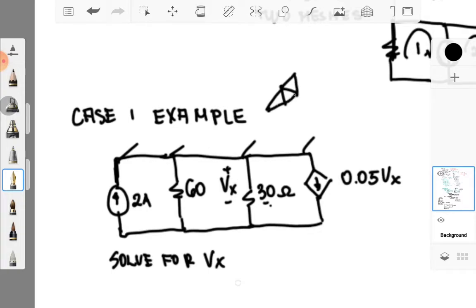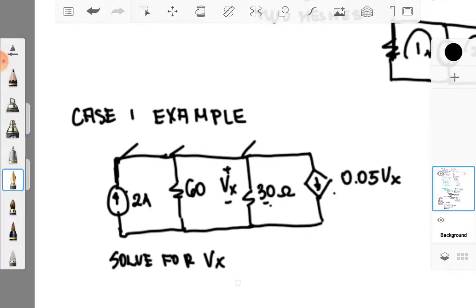Tapos yun na yung magiging ground mo. Unlike pag gagawa ka ng mesh analysis within these 3 meshes, meron kang tatlong mesh equations. Practically, pag this is a voltage source, and this is a voltage source, so meron pang 3 mesh equations. Samantalang pag gumagawa ka ng nodal analysis, 1 equation lang.